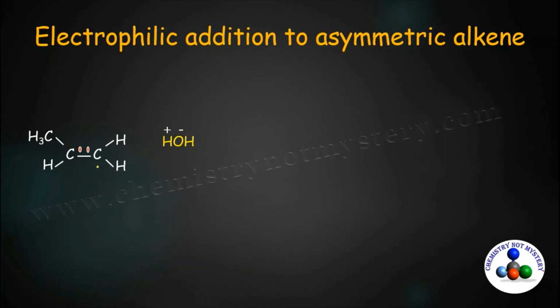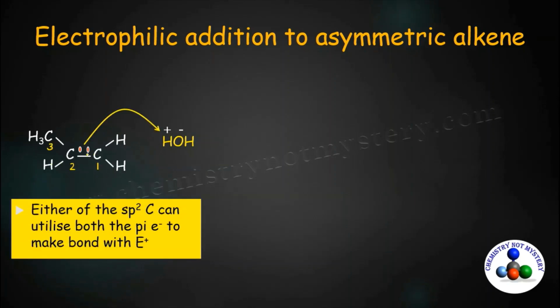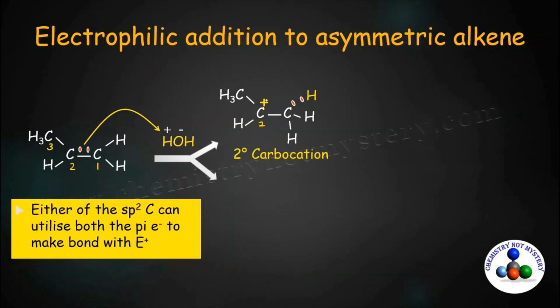Now number this molecule. So I will number it 1, 2 and 3. Now either of the carbons can utilize both the pi electrons to make a bond with the electrophile. If carbon 1 utilizes both the pi electrons to make a bond with the electrophile H plus ion, carbon 2 will be left with no electron, so it will develop a positive charge, and this formed carbocation is a secondary carbocation.